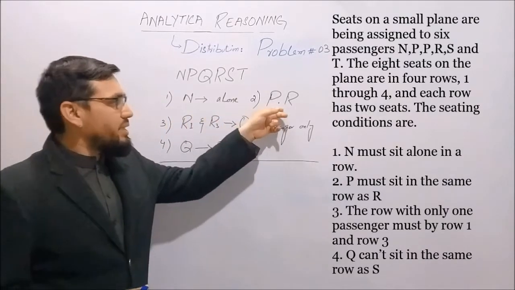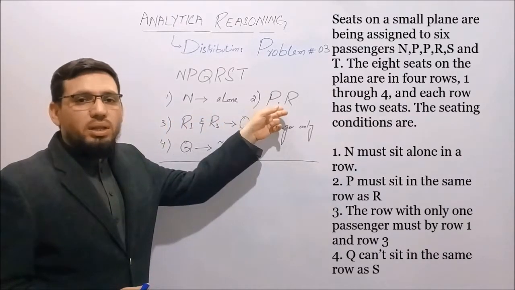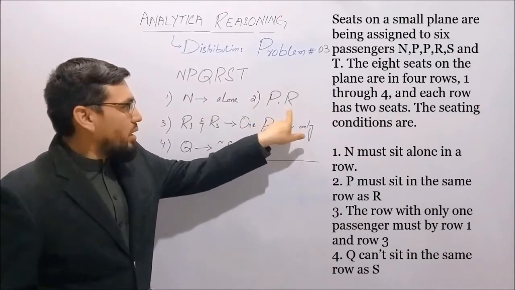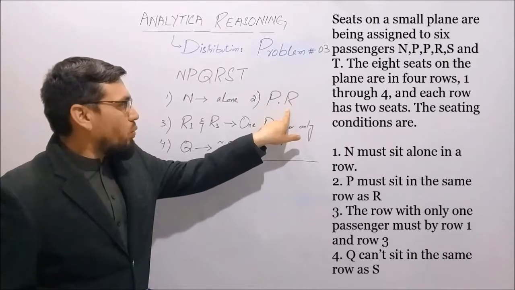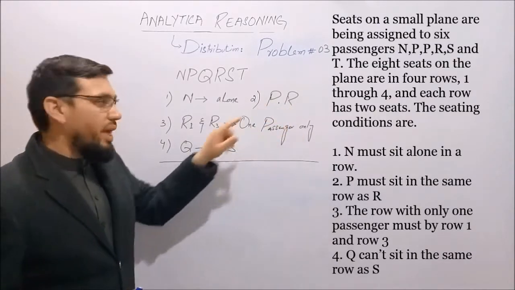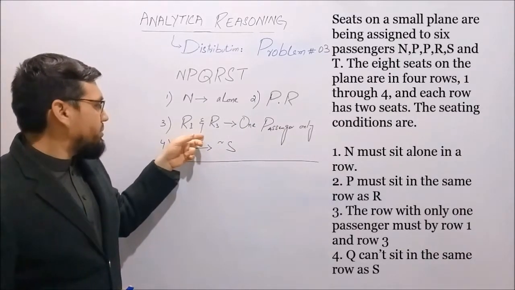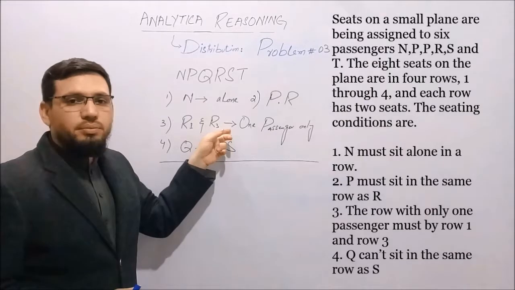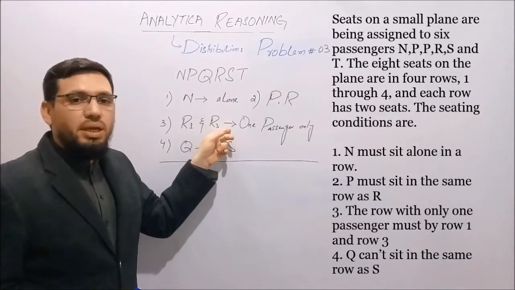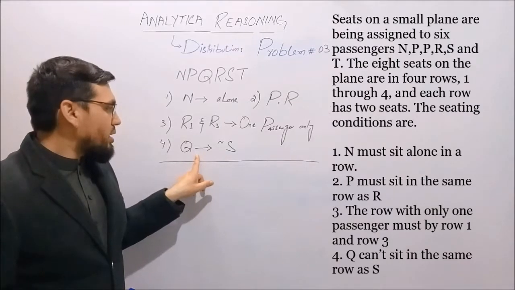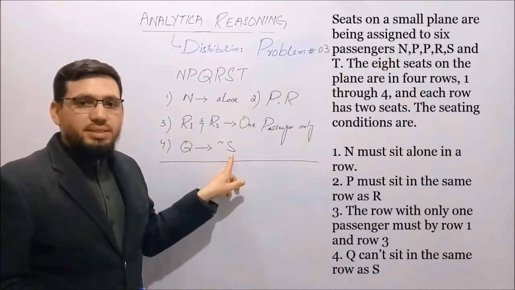The second condition is that P and R will be adjacent, so I wrote down P dot R, meaning both of them will sit together in a row. The third condition is that row 1 and row 3 will have only one passenger. And the last restriction is that Q must not sit together with S.